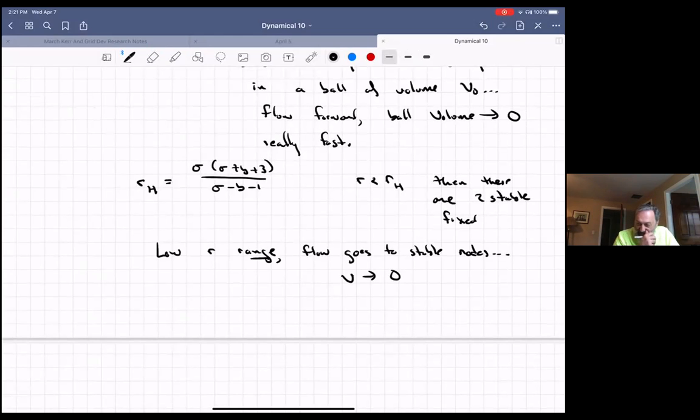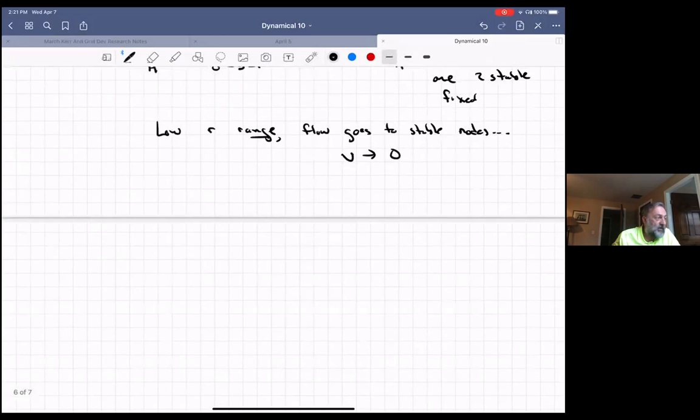So it makes sense that if I have volume going to 0, one explanation of why the volume can go to 0 is that all of the flow runs into some stable nodes. Sort of the standard thing you would expect, right? But if R is greater than RH, the volume still goes to 0, but there are no stable nodes.